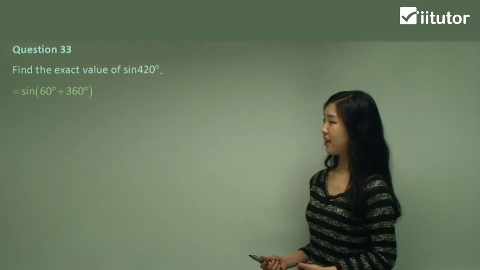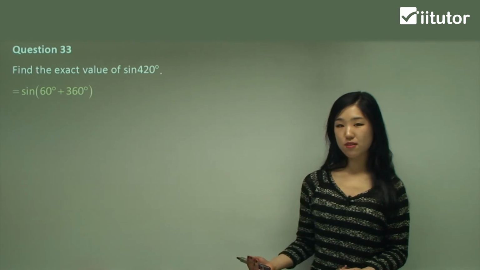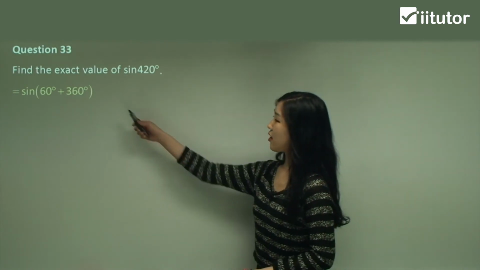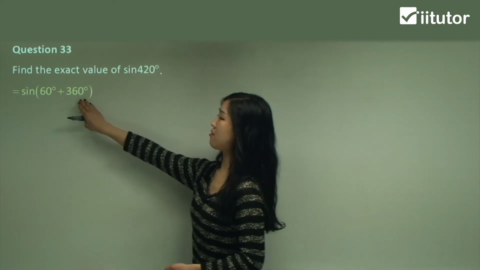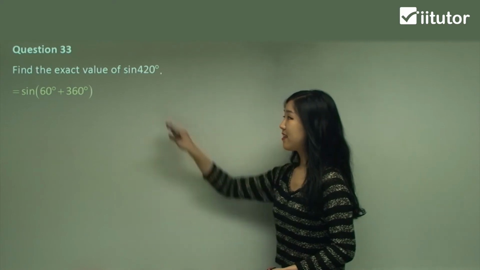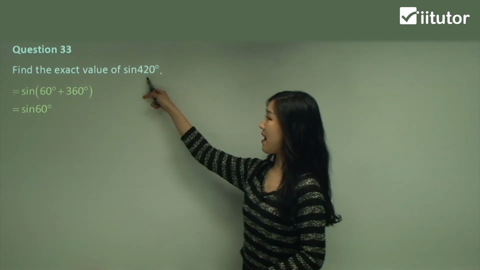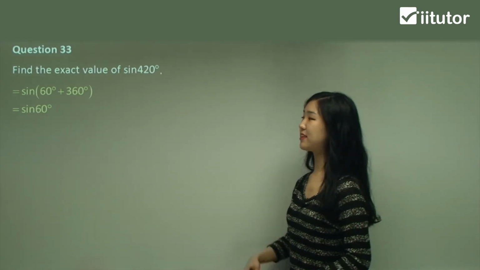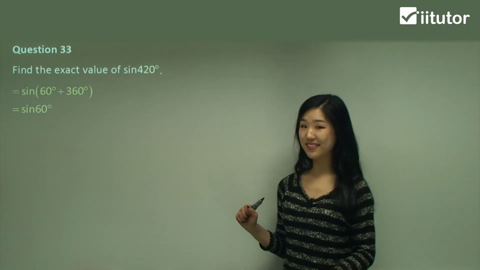Remember our whole period of sine was 360 degrees. So I'm trying to change it into this kind of form, where I'm adding 360 degrees to some value. So in this case, sine 420 I can just write as sine 60. This value and this value give exactly the same result, because all I did was subtract one period, which was 360 degrees.